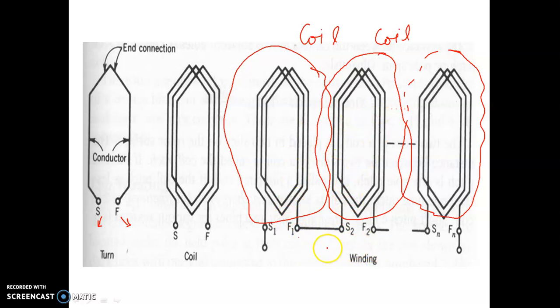So all these coils are connected in series, and this connection is known as winding. So in a turn there are two conductors, in a coil many turns are there, and many coils connected in series form the winding.